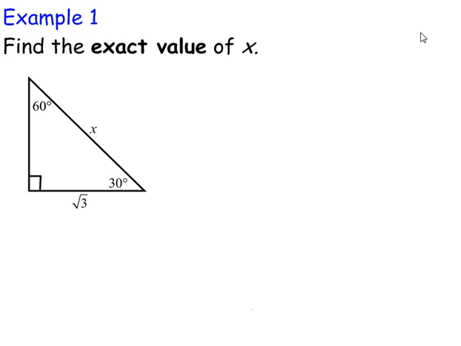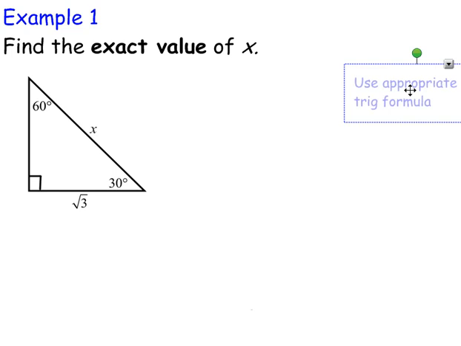Well, first we have to use the appropriate trig formula. So it's up to you what you want to use. It's completely up to you because you could use either cosine or sine depending on what angle you're going to use to find the value of x.